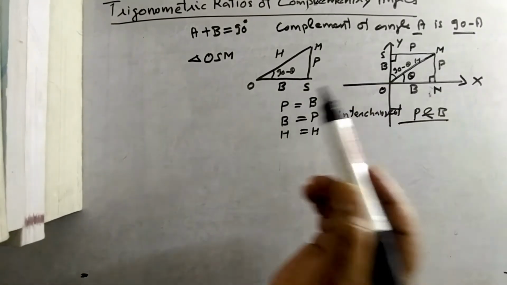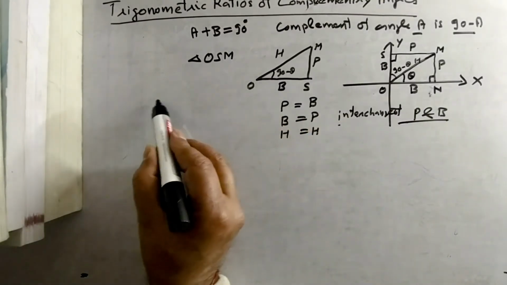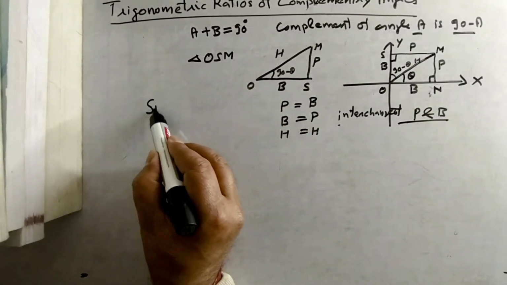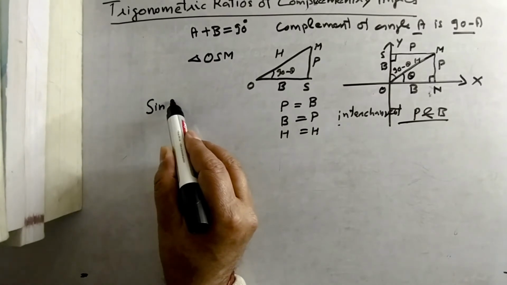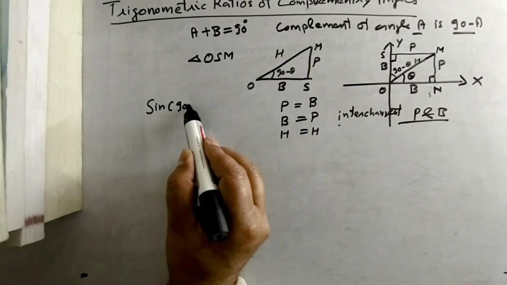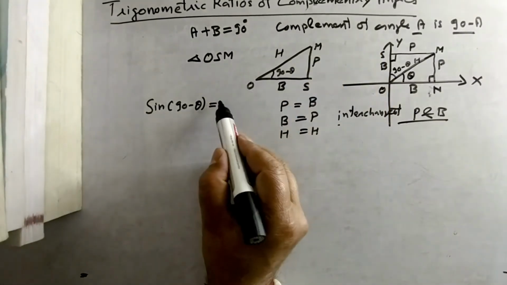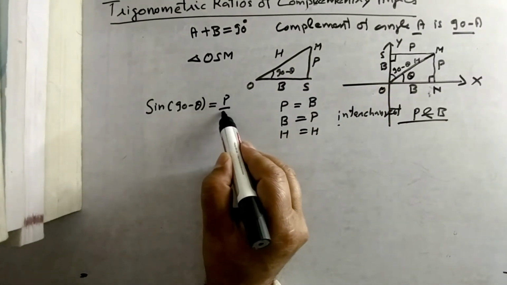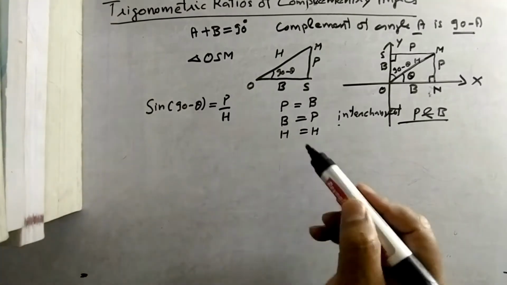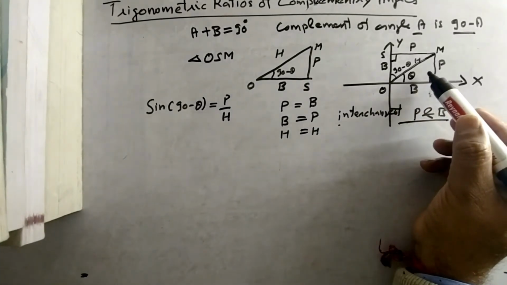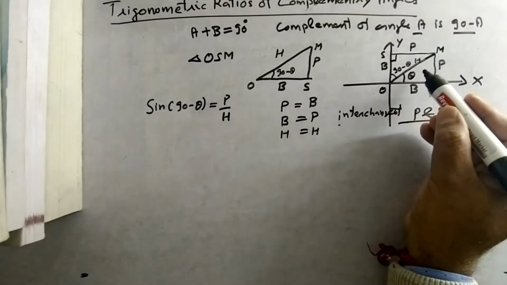So suppose I want to find sine 90 minus theta. In this triangle, this is P upon H. But here you just check it out: here in this case, what is cos theta?